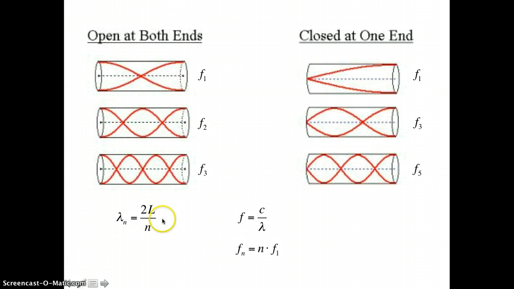Here's the equation that you want to memorize for finding the nth wavelength. On the right case, here's the different equation when a pipe is closed at one end. We have to use this equation to find the nth wavelength. And again, we can only produce odd harmonics for a pipe closed at one end, whereas we produce all odd and even harmonics for a pipe open at both ends.